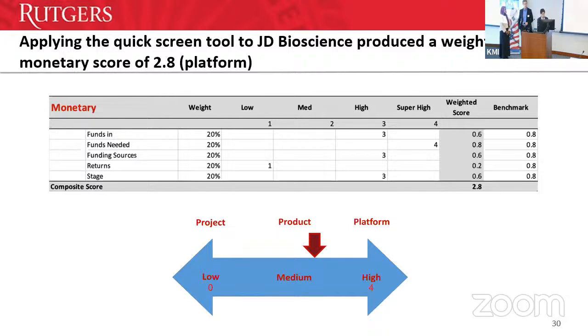And the current investor base is primarily institutions and individuals in South Korea. But this is also a good caveat that going forward, they might need to diversify their investor base, particularly in the US market, because it is the largest market. And on the 3P continuum, it falls under a platform with a score of 2.8.